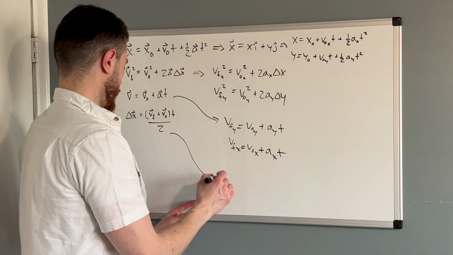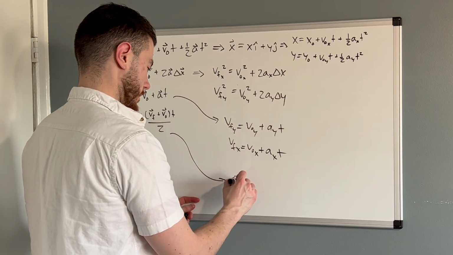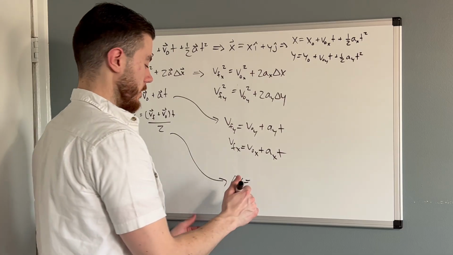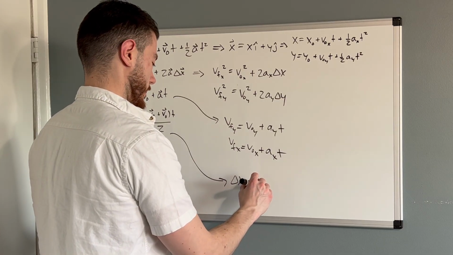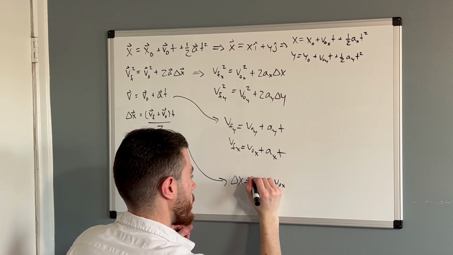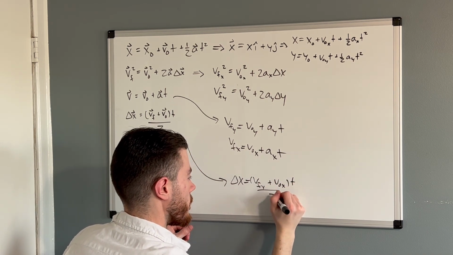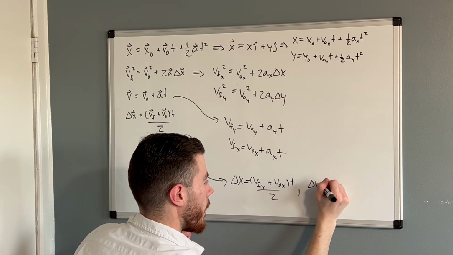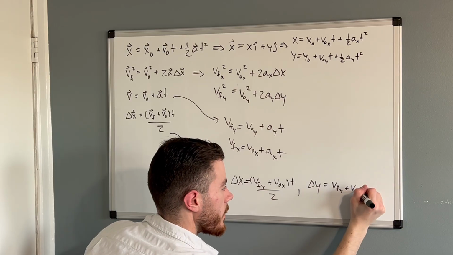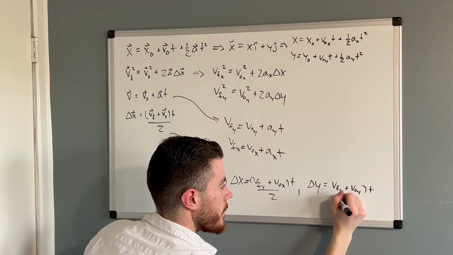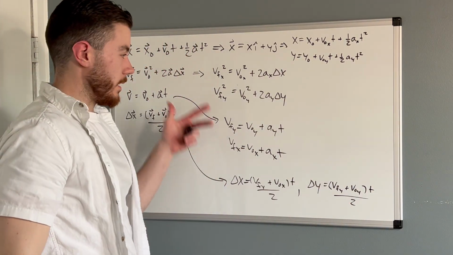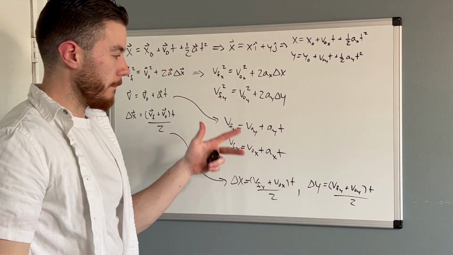And one more, delta x is equal to, this is just the change in position in the x dimension, vf x plus v naught x times t over 2, and delta y equals vf y plus v naught y times t over 2. So these are the four kinematic equations now broken up into their respective component forms.